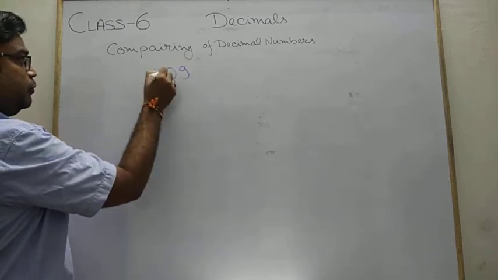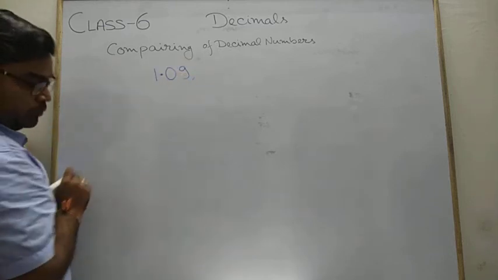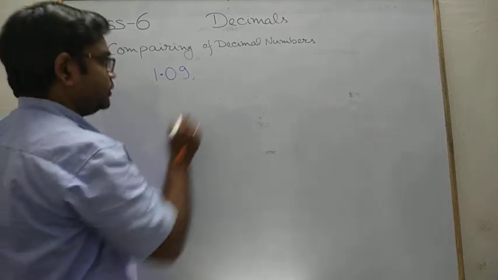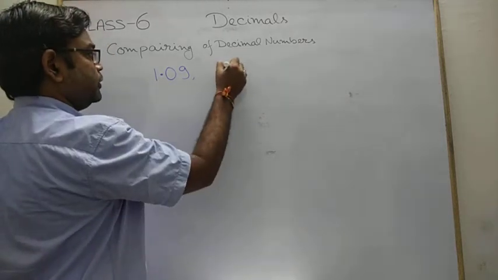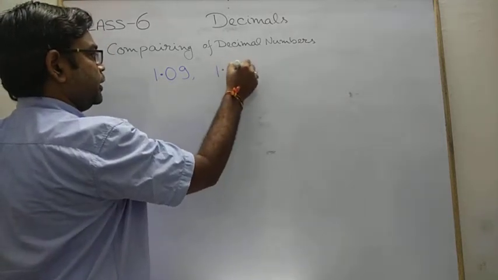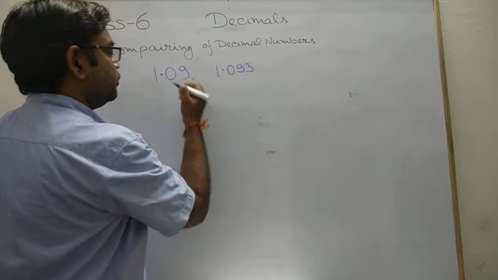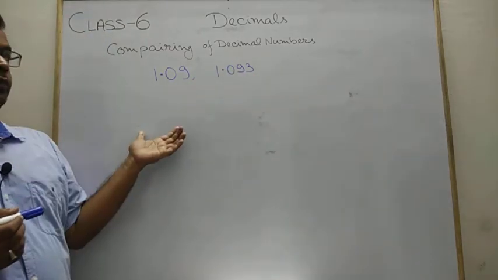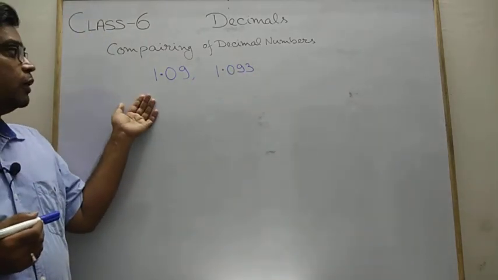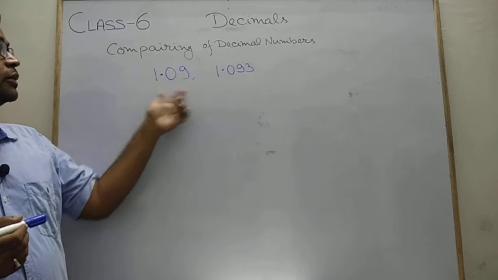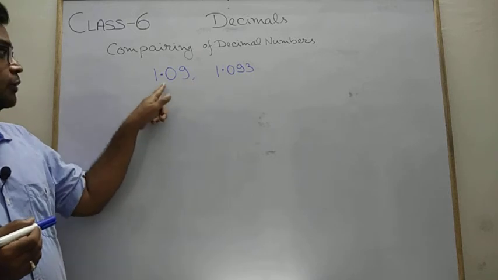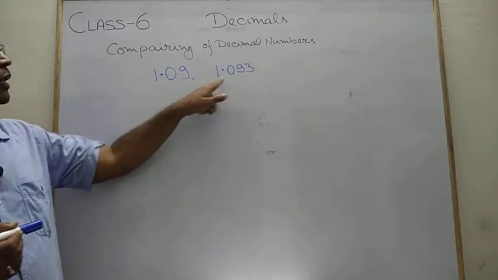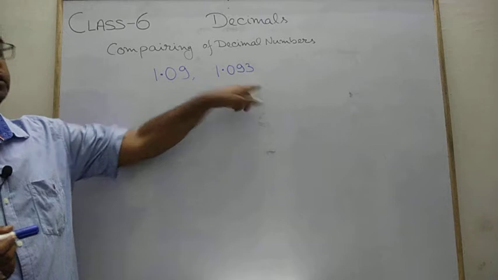1.09 and 1.093. We are going to compare which one is greater or which one is smaller. So the first observation gives you the idea that here we have 2 digits after the decimal, here we have 3 digits after the decimal.